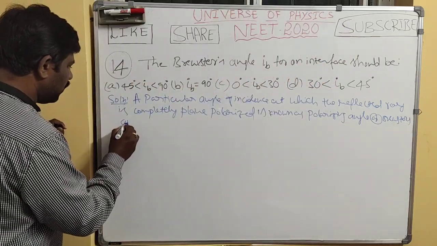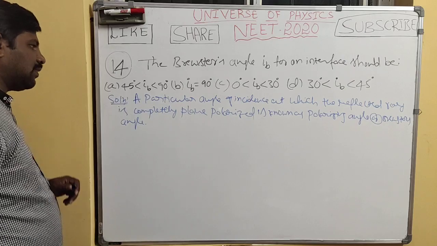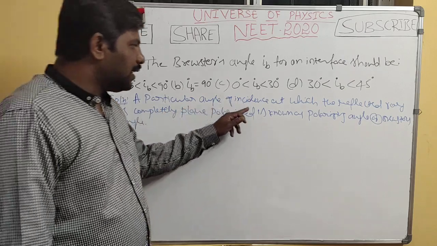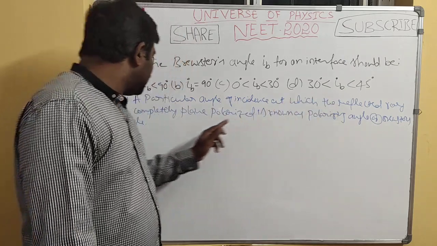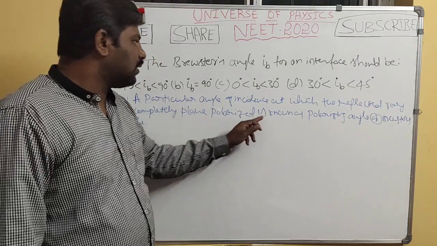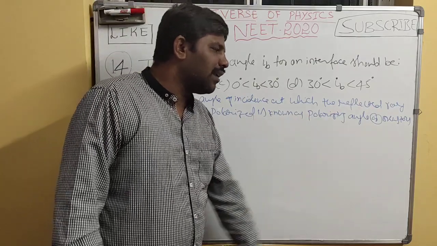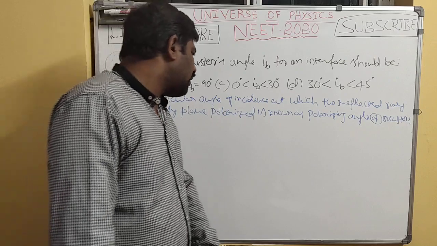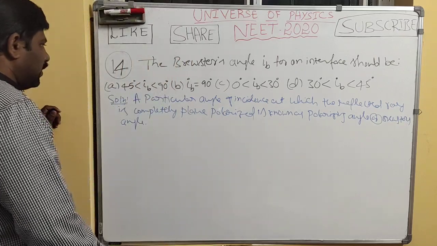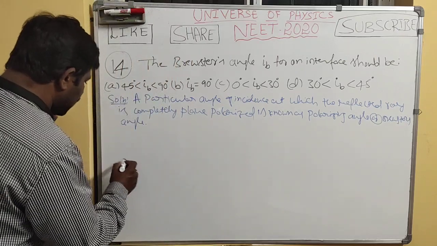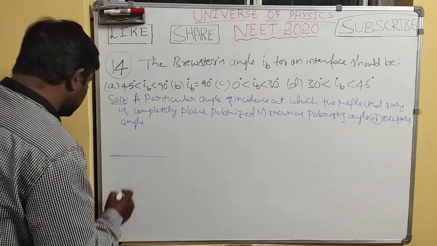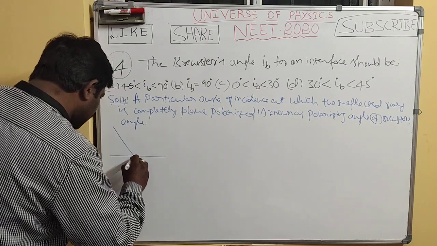Polarizing angle or Brewster's angle is the particular angle of incidence at which the reflected ray is completely plane polarized. To understand this, let us consider an interface and this is unpolarized light.